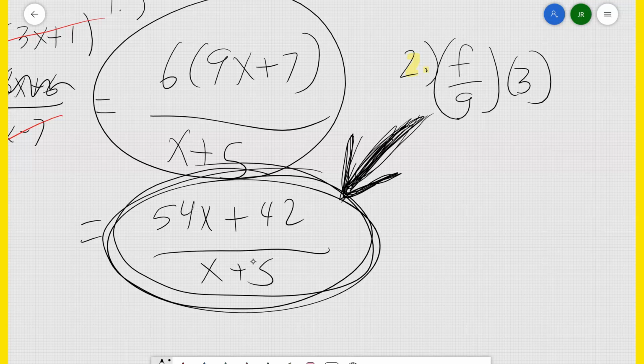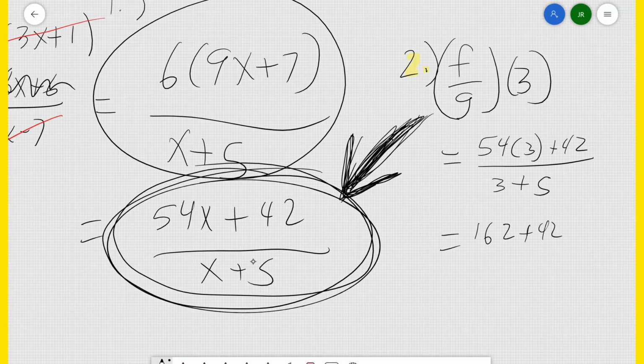So f over g of 3 is going to equal (54 times 3 + 42)/(3 + 5). So that's going to be 3 times 54 is 162, plus 42 over 8.